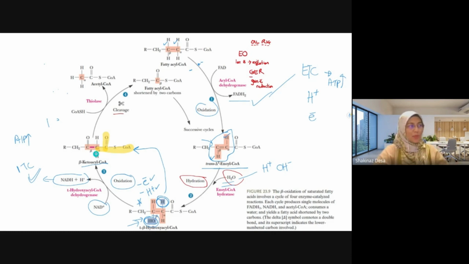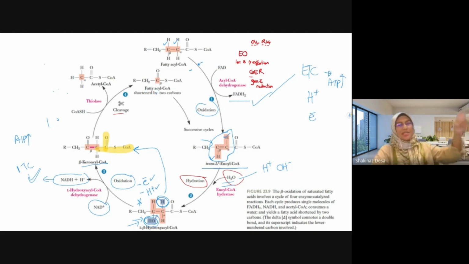Sekarang bila potong, the remaining will become shortened by 2 carbon. Kalau kita start 28, it's going to become 26. If we start with 18, it will become 16. If we start with 16, it will become 14. Macam tu cerita dia.